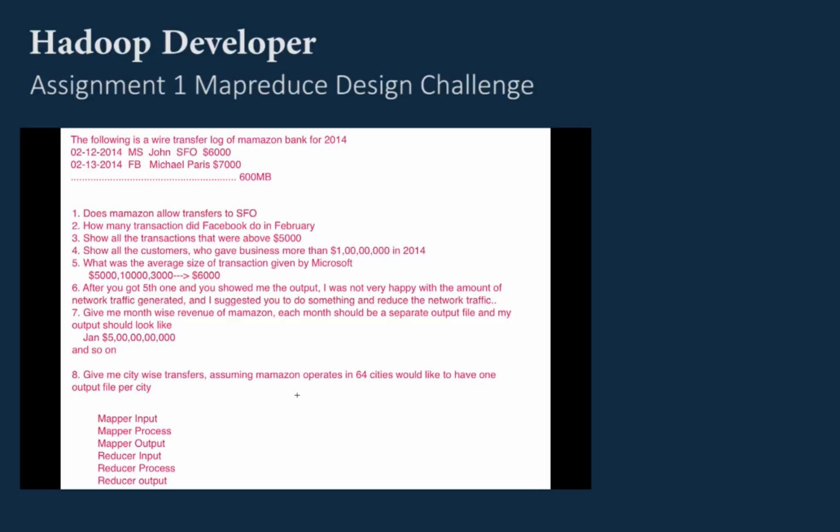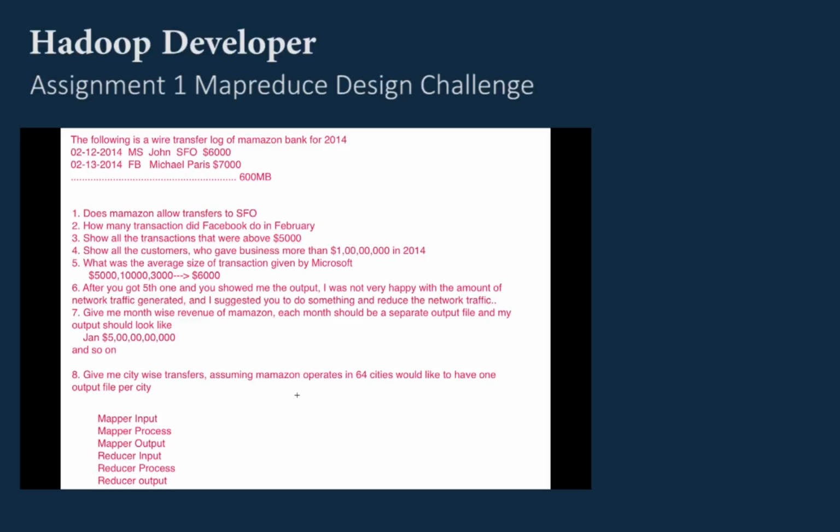So here we are interested in, let's say, looking at high value customers. In this case, Microsoft and Facebook would qualify as customers. What is the average size of transaction given by Microsoft? So fifth one is that, and sixth one is an optimization of that. You achieve the fifth one, and in the sixth one you're supposed to show how you are going to optimize it by reducing the network traffic.